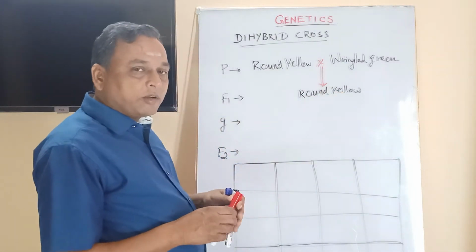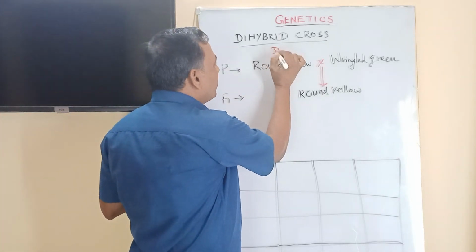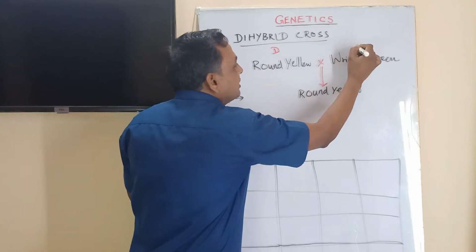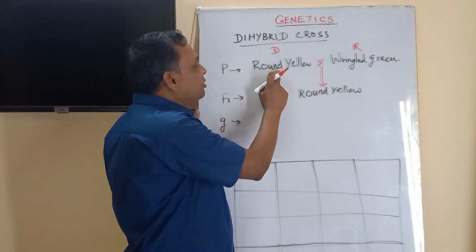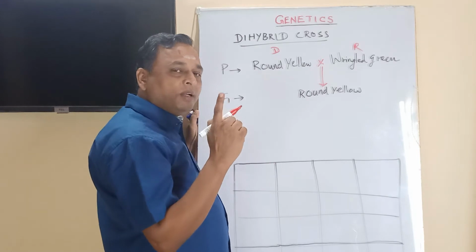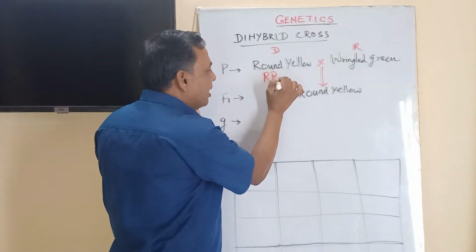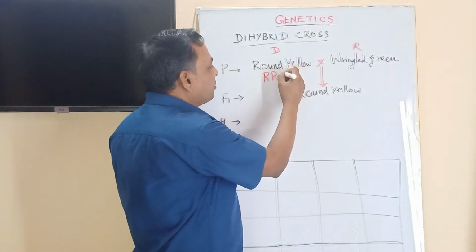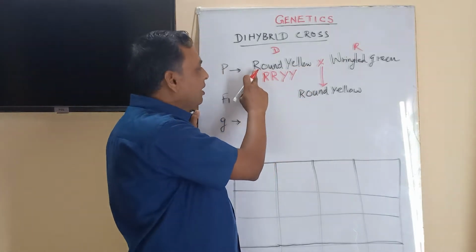That gives us a clue which is dominant. Round yellow is dominant because that appears in the F1. Then this is recessive. What allele will it have? Round is one trait. One trait, one gene having two alleles. Since it is dominant, we will keep capital R, capital R. Then next yellow, capital Y, capital Y. Capital R is meant for round.